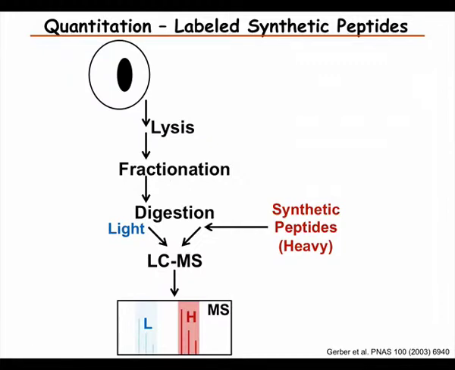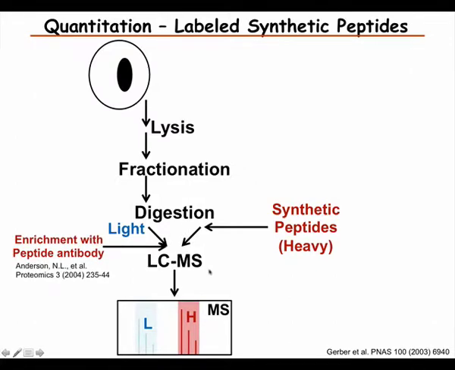Then we have another case where we make synthetic peptides that are heavy, and we mix them in after digestion. And then again, this is often combined with a peptide antibody enrichment to make the method more sensitive and to be able to look at more low abundance proteins.